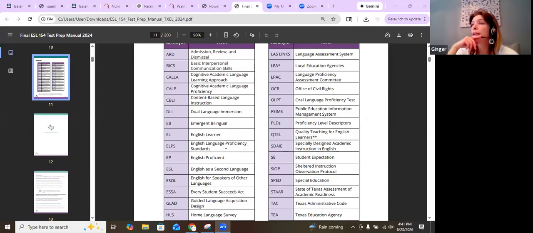In ESL programs, instruction is delivered in English, although teachers are expected to make linguistic accommodations to support learners to learn English while they're learning content material in English.